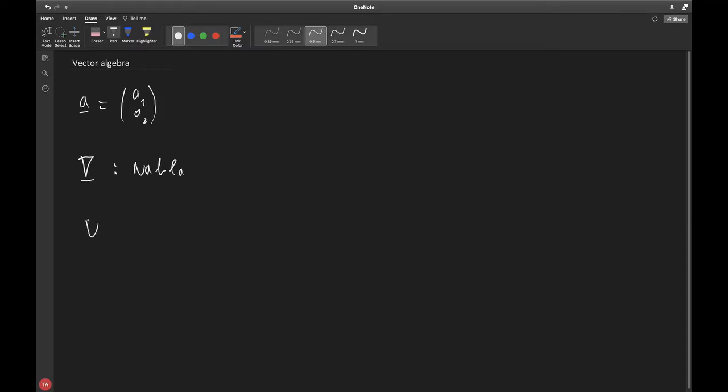And nabla is a vector, but it's a vector operator. That means that each element in it is a derivative. The first one is the derivative by the first component, and then this is the second component. If I have just a two-dimensional object, then it's going to look like this.